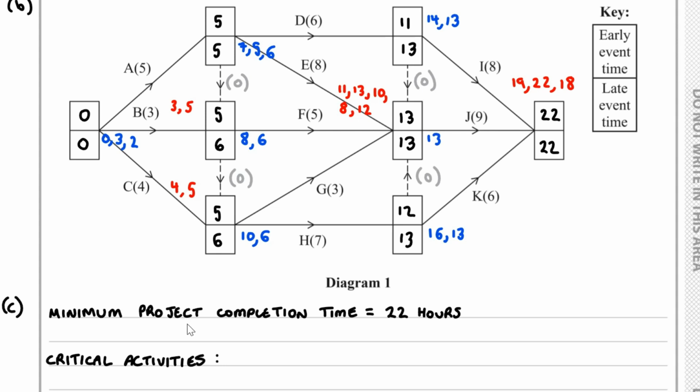So for the critical activities, we have A, we have E, and we also have J. And that's because if we consider our critical path, we go here, then we go here, and then we go here. Hence, these are our critical activities.